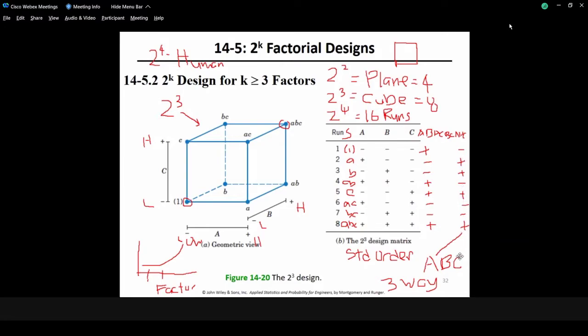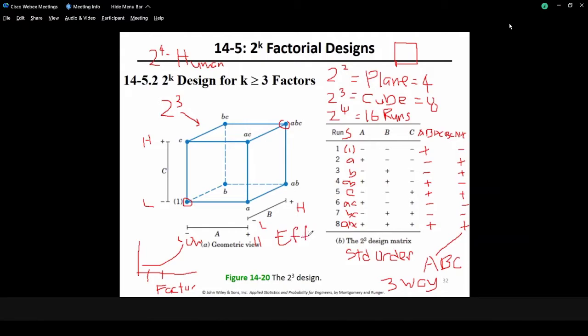Okay. So I hope, guys, you are able to visualize in terms of graphics and design matrices, so that after you know this, you can calculate the effects. Remember the formula for effects? Contrast, right? Effects.